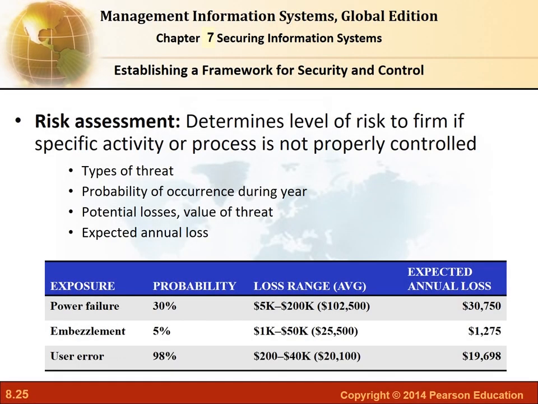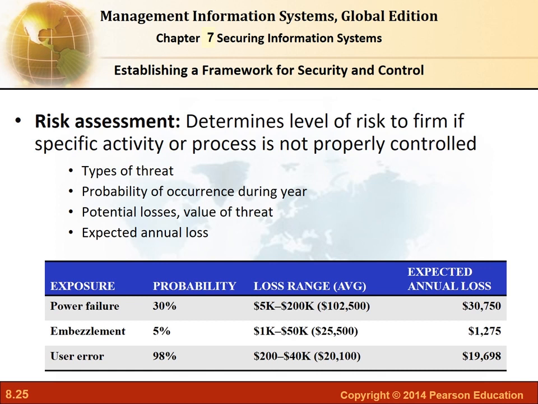This slide looks at another important factor in establishing an appropriate framework for security and control, which is risk assessment. Although not all risks can be anticipated and measured, most businesses should be able to identify many of the risks they face.